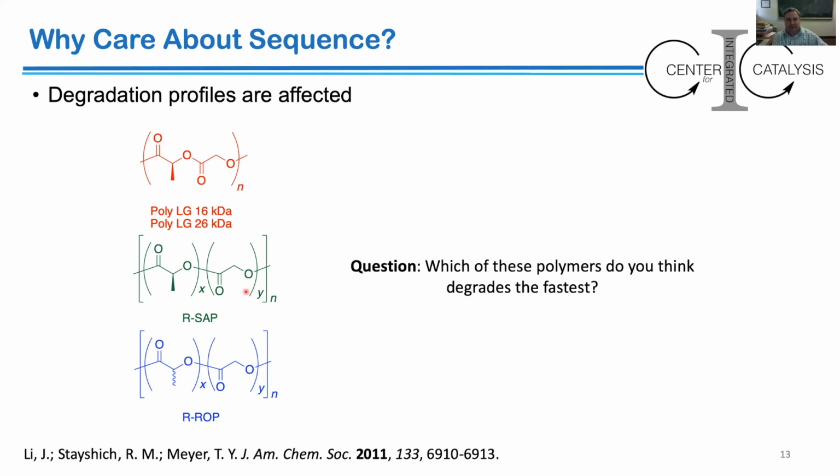All right. Okay, most people think that the polymer that's going to degrade the fastest is the low molecular weight alternating copolymer. So let's see what the answer is.